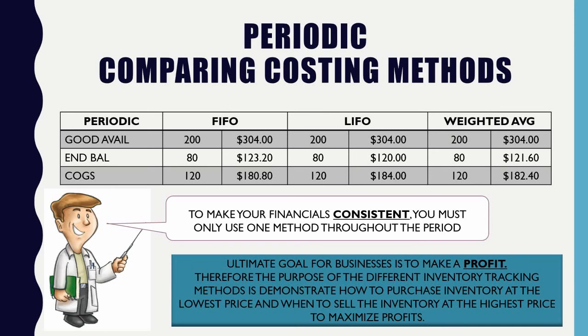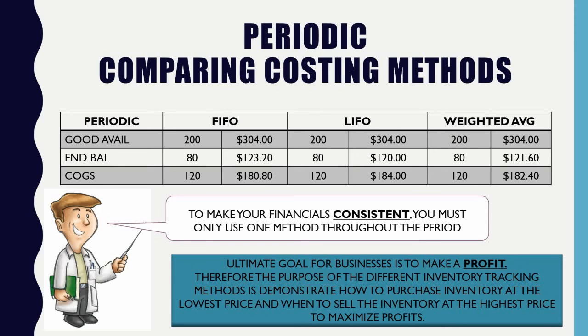Now, in most cases, small businesses would more or less go for the weighted average because of how simple it is. On top of that, they don't overstate or understate their assets, meaning reporting higher or lower inventory.